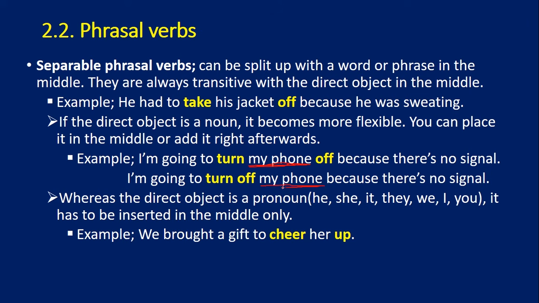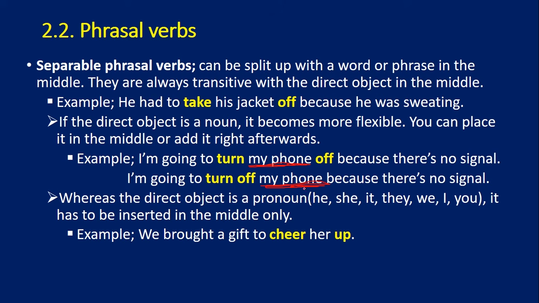This makes absolute sense. Phone is a noun, so it can come in the middle or after. When it can come in the middle, it's a separable phrasal verb. When it can come after, it's a transitive phrasal verb. When it comes in the middle, it's a separable and transitive phrasal verb. When it comes at the end, it's a transitive phrasal verb.